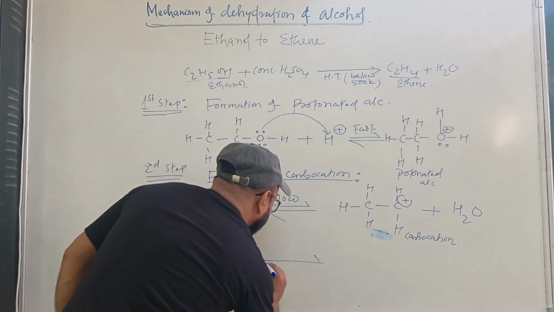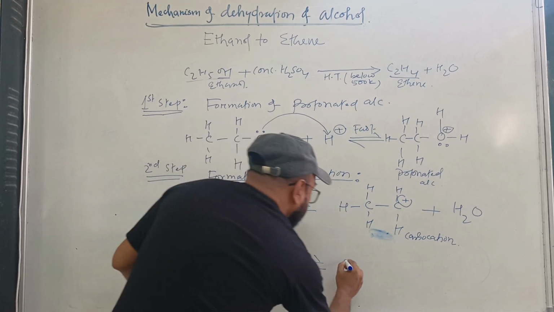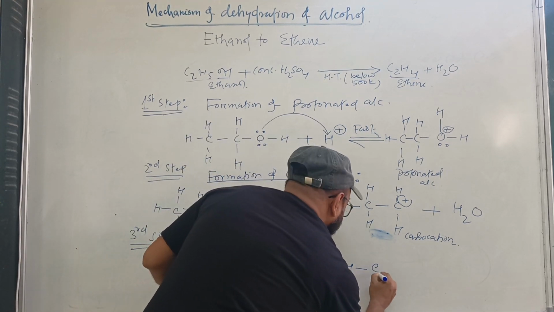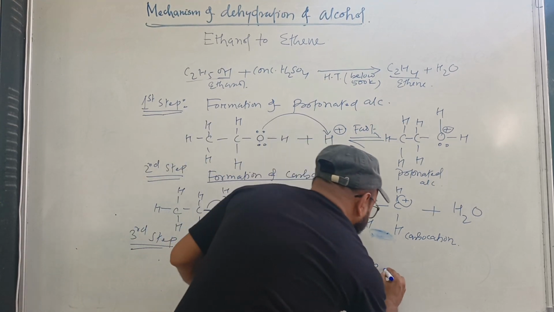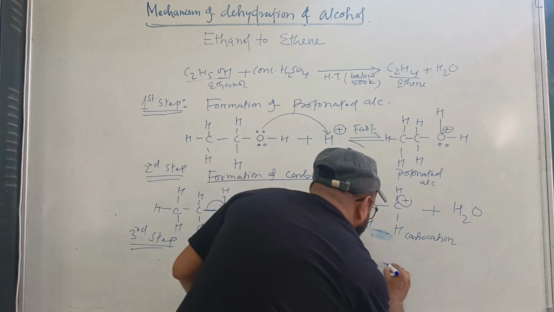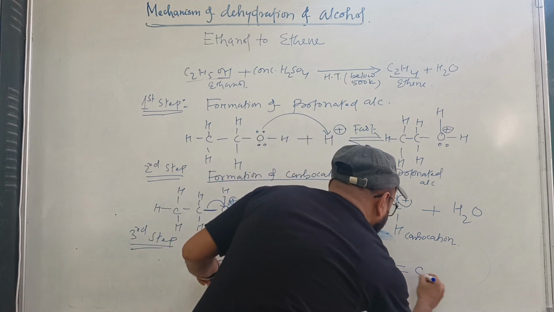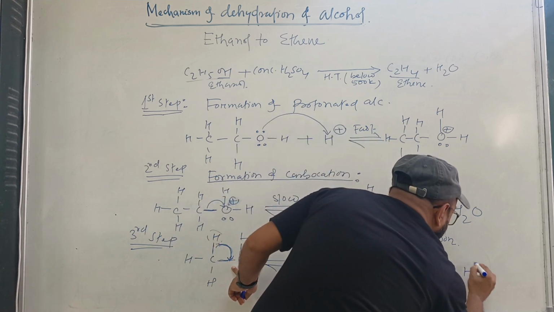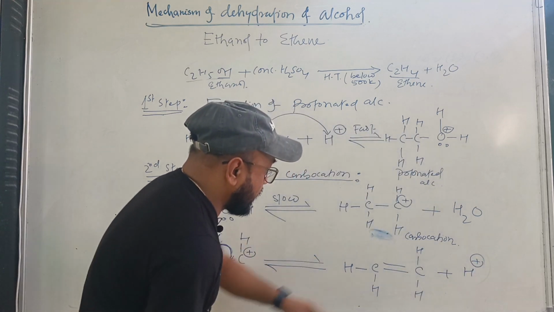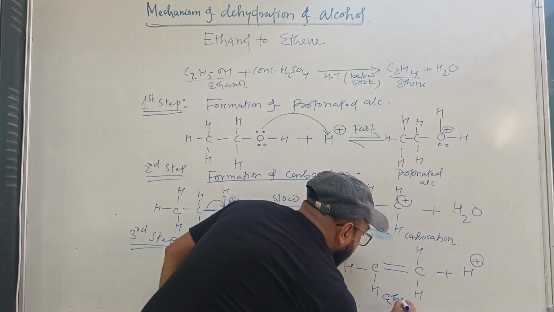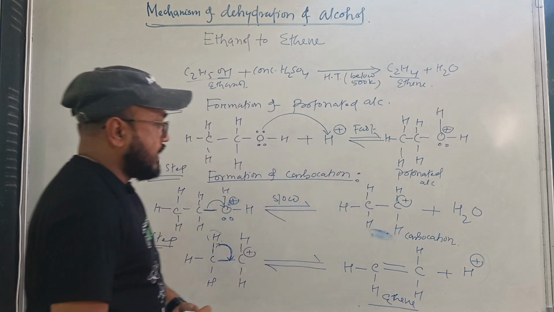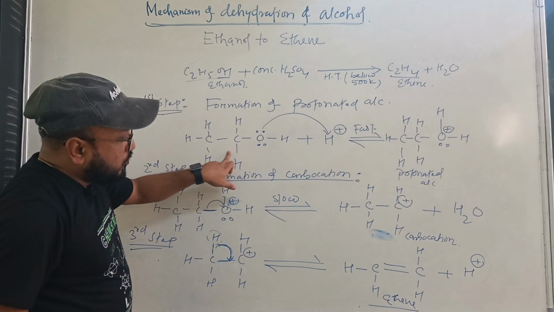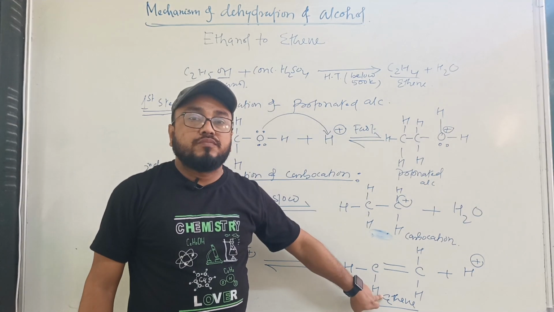As a result, you will see H, C, H. This is the previous bond, and the next bond by the elimination of the proton. The proton is totally eliminated, and this is our ethene. That means from ethanol, ethene is formed.